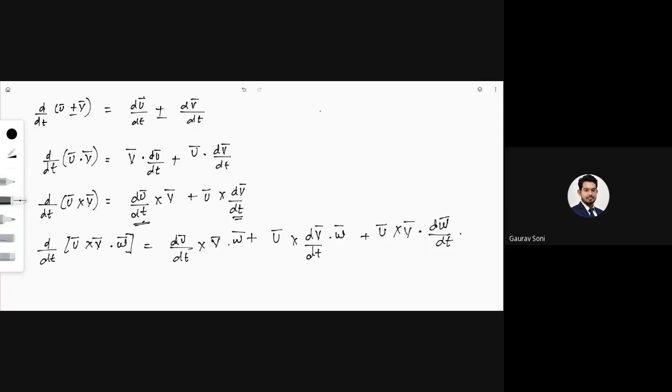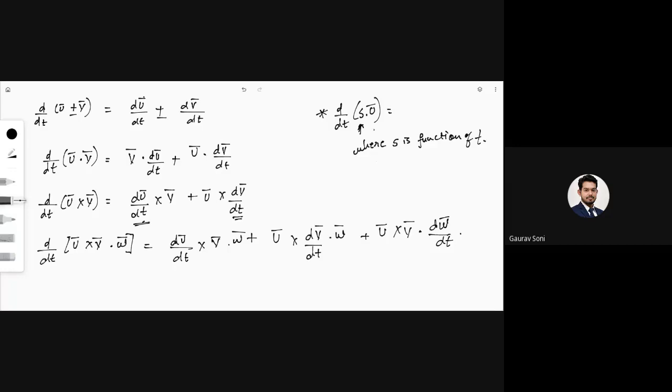Next one, d by dt of s into u bar, where s is a function of t. Here you can see that s can be treated as a scalar.